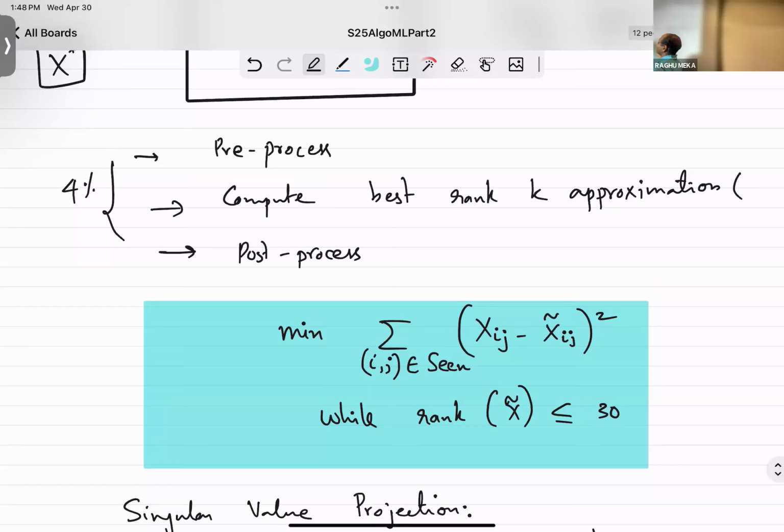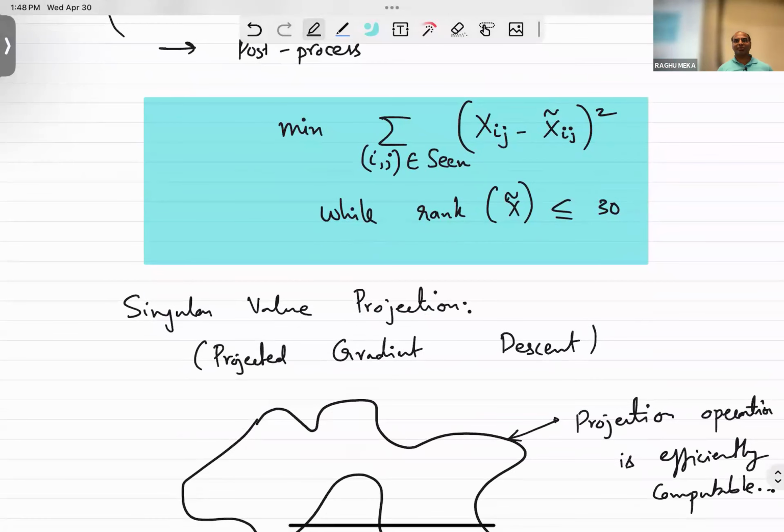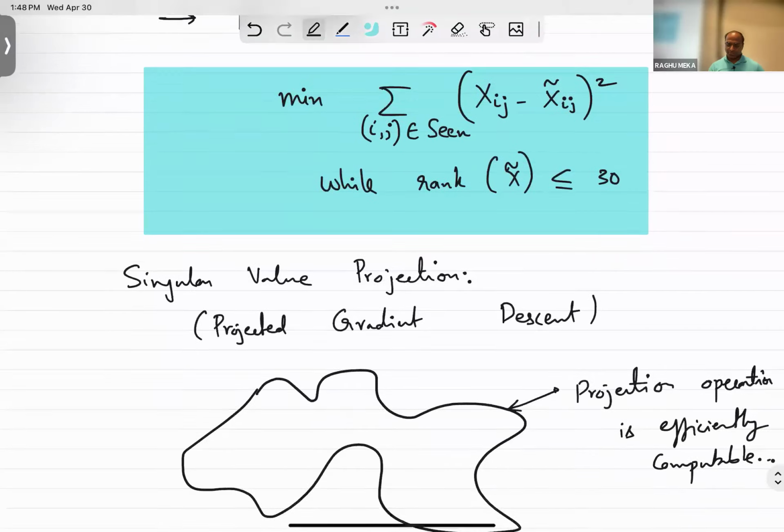Okay, it boosts this 4% to something between 5.5 and 6. And it has very nice theoretical guarantees. We call it singular value projection because you're basically projecting after doing the SVD. And you can show that it can do low rank recovery with very few measurements and many other nice properties. Okay. All right, so let me stop here.